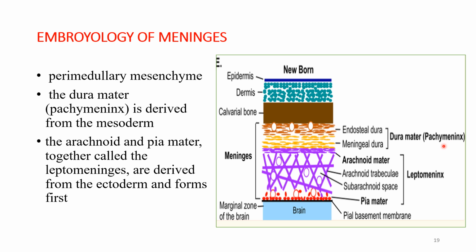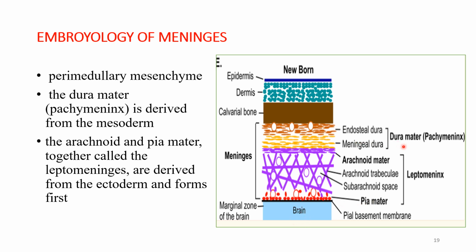Now we come to the embryology of the meninges. They are formed from perimedullary mesenchyme. So in a newborn you can see all these things. This is dura mater, this is arachnoid mater, this is pia mater, this is the brain tissue.